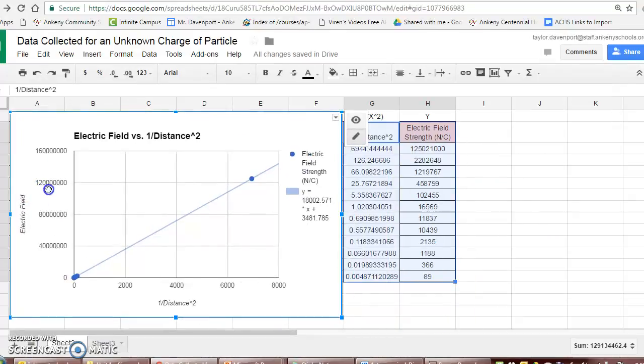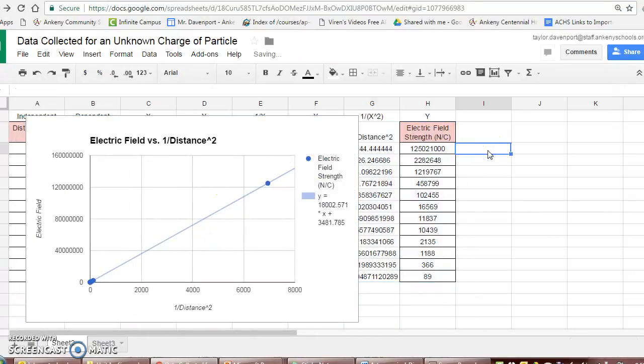Okay, so there's my chart. So if my slope is 18,002.6, I then have to use some unit analysis to figure that that's not actually my charge, because my units don't come out to coulombs. It comes out to coulombs with some other components of force and mass. So what we do is we look up and find that there's actually a constant that's included in this relationship that we have actually already learned about.